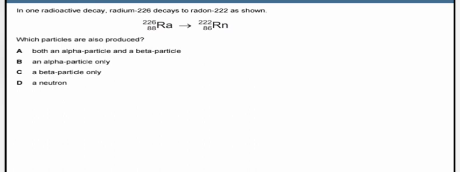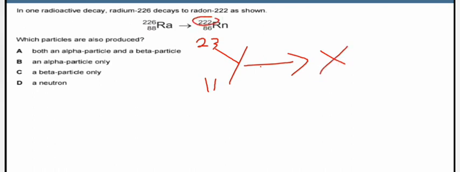In one radioactive decay, radium-226 decays to radon-222 as shown. So the mass number here has been reduced by 4, and the atomic number has been reduced by 2. Meaning, suppose we have element Y, which is having 23 as the mass, then the proton number of 11, if this one undergoes a certain decay, what is going to be formed is going to be X now.